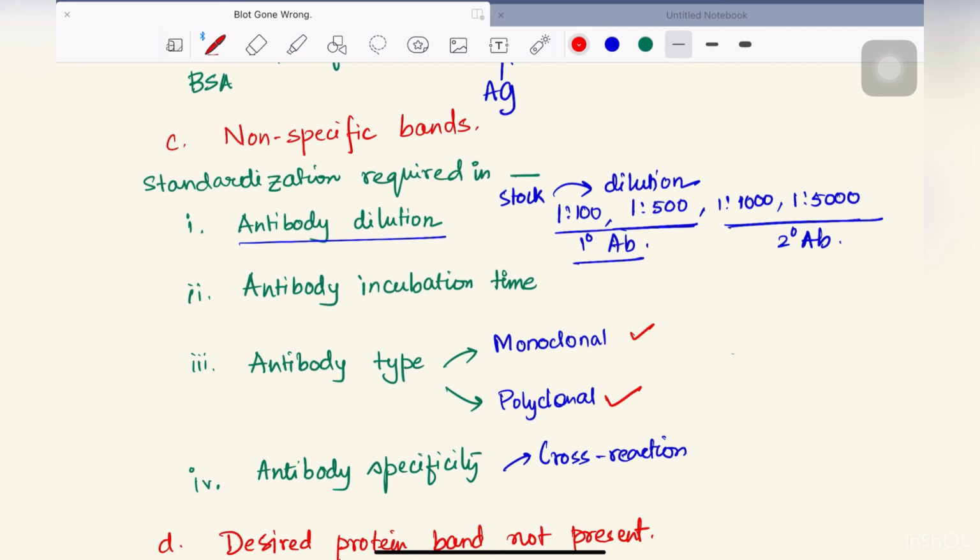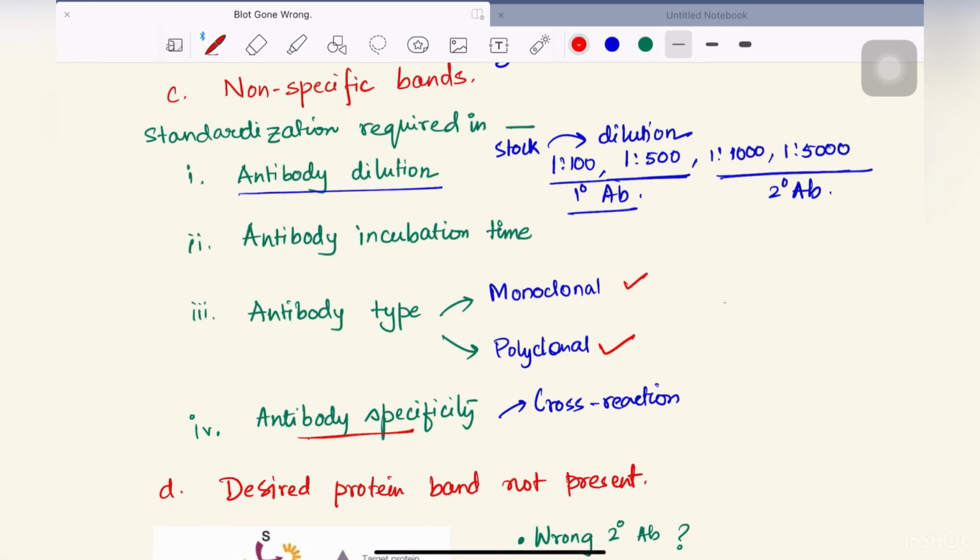Next thing is antibody specificity. Are you using the correct antibody at all? Here, we use two antibodies, right? The primary antibody and the secondary antibody. The primary antibody is specific to your antigen, but it is raised in a particular organism. Suppose your primary antibody is raised in rabbit.